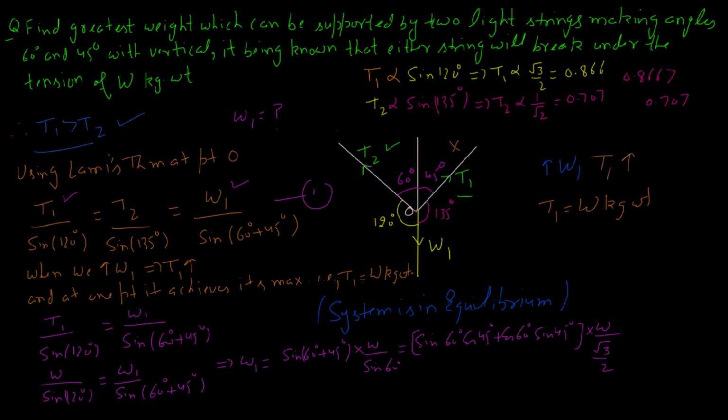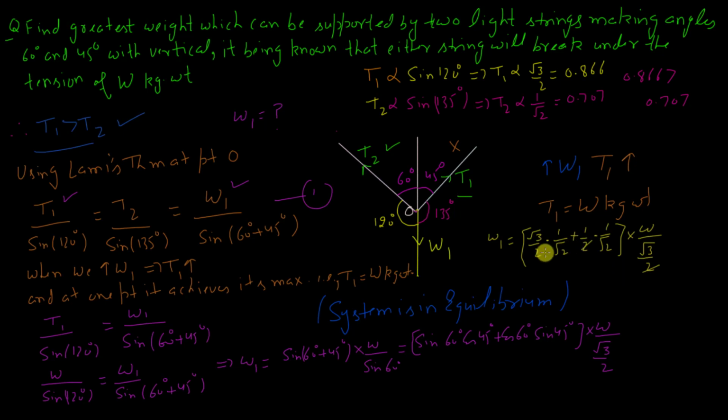Now put all these values. We get W1 is equal to root 3 by 2 into 1 by root 2 plus 1 by 2 into 1 by root 2, into W by root 3 by 2.